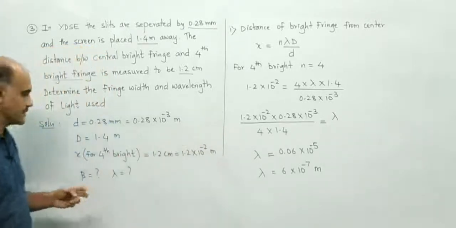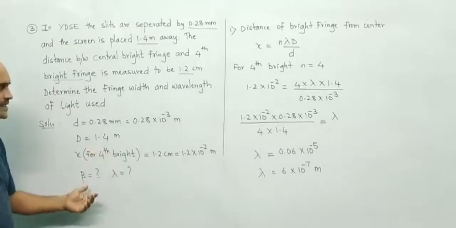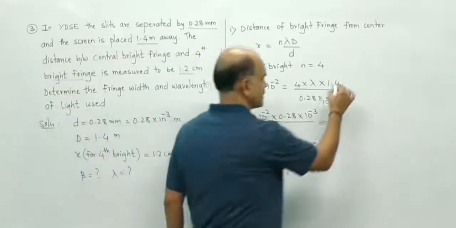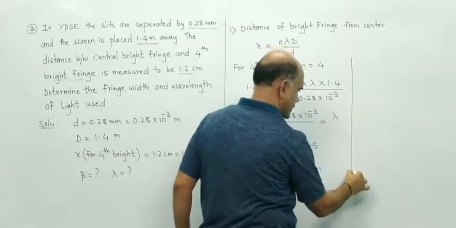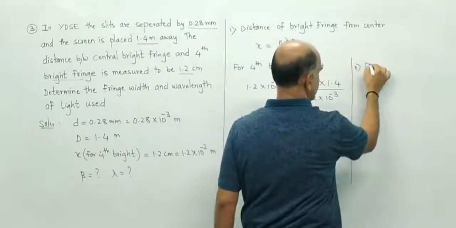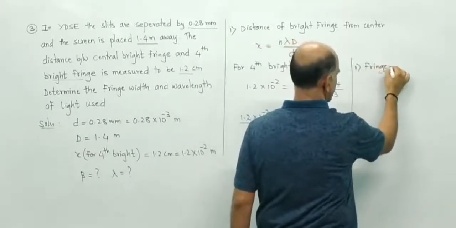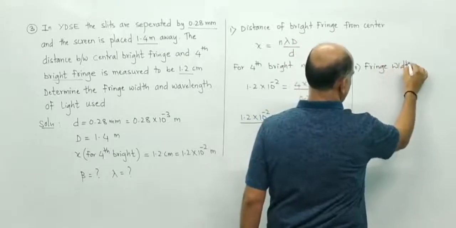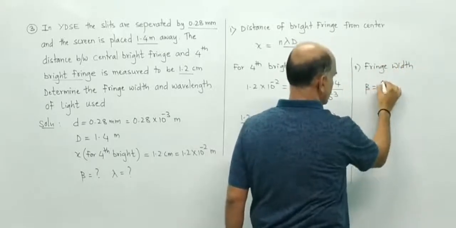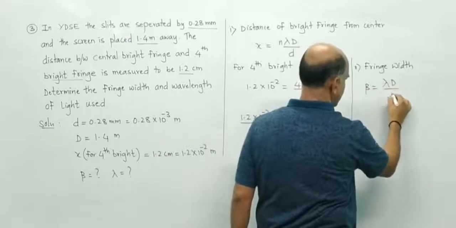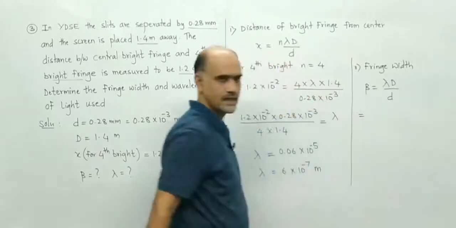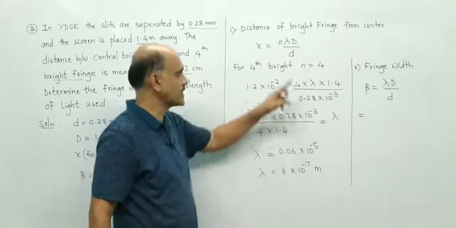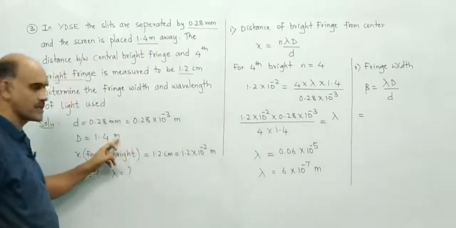Now in second step you calculate beta. It's very easy. Beta is equal to lambda capital D by small d. So second, fringe width beta is equal to lambda capital D by small d. Now substitute the values. Lambda you know, capital D and small d also you know.